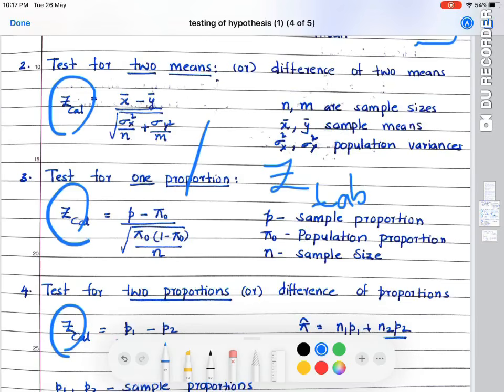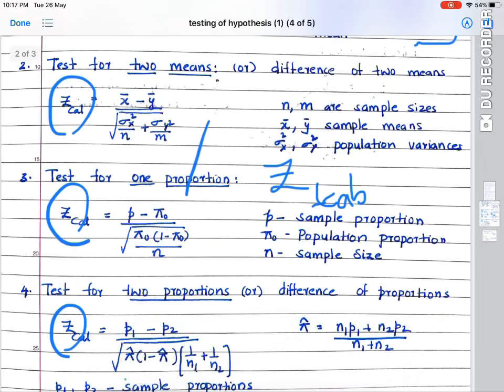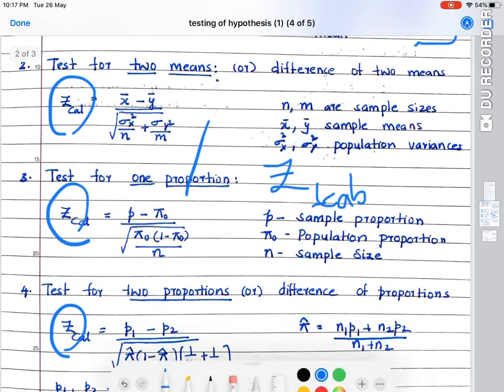Based on the level of significance, we will identify the tabulated values from the table. So once we find the tabulated value and the calculated value based on the test statistic, we compare these two things to give a judgment on the null hypothesis. Okay, now these 4 tests are for large sample.